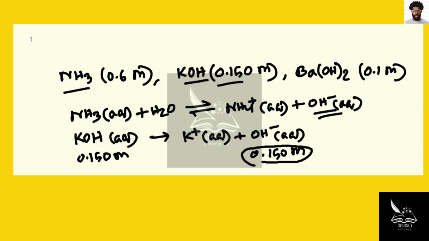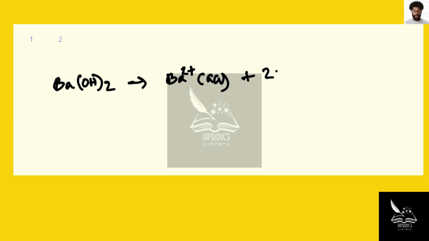And finally, if we look at the barium hydroxide, it will dissociate into barium ion and hydroxide ion. And this is also a strong base.